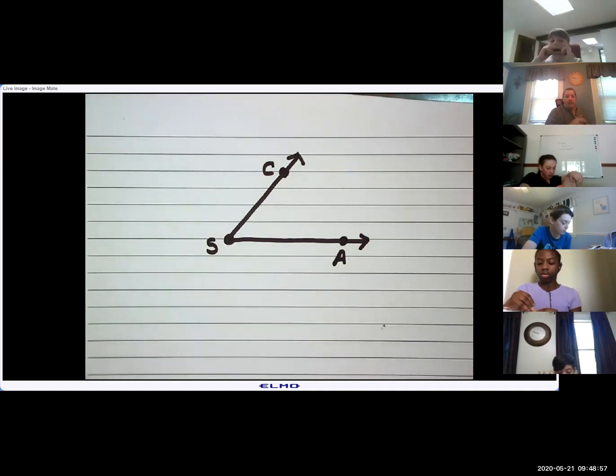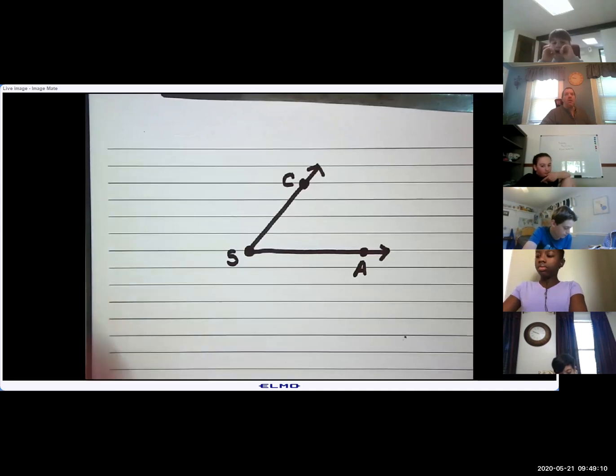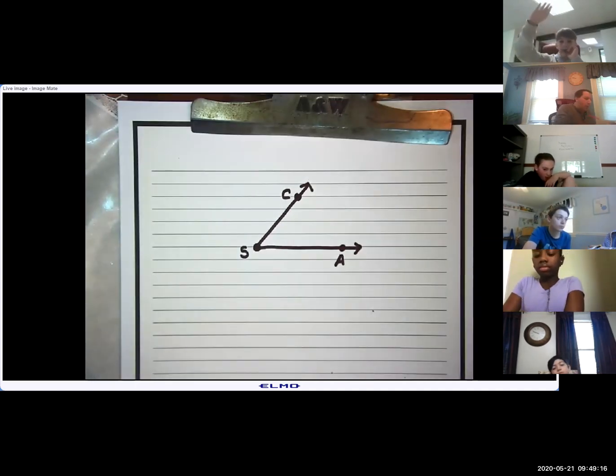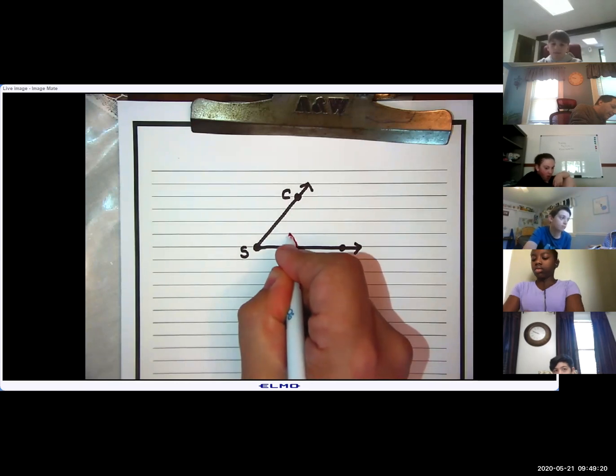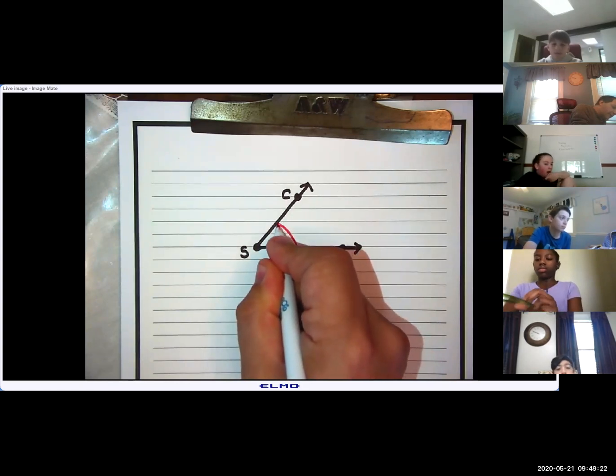So right now, I have ray SC and ray SA. I would like to know the measure of that angle. How am I going to do that? Well, I know that this angle starts here and it rotates this much.